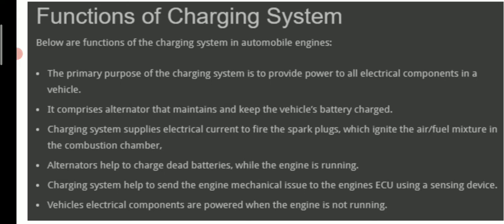Alternators help to charge dead batteries while the engine is running. The charging system helps to send engine mechanical issues to the engine's ECU using sensing devices. Vehicle electrical components are powered even when the engine is not running.